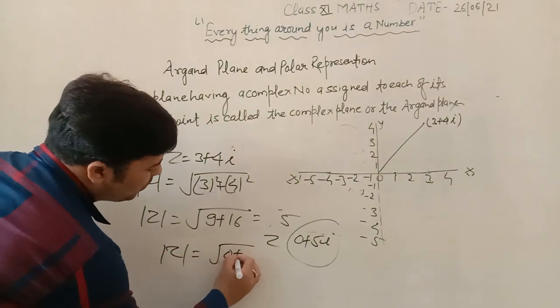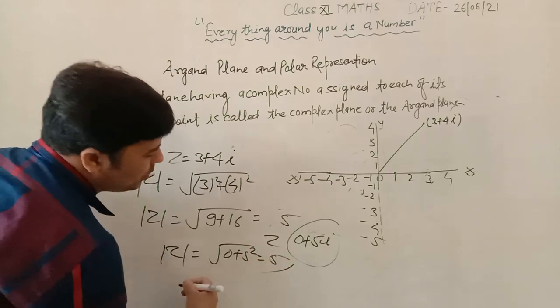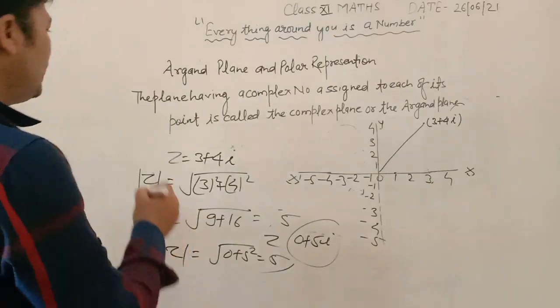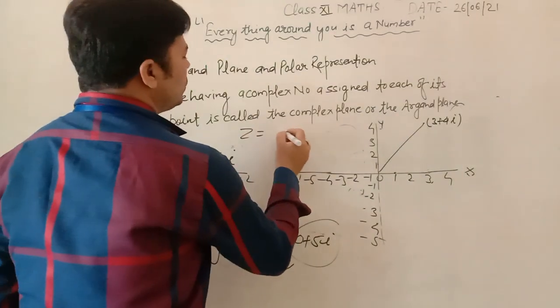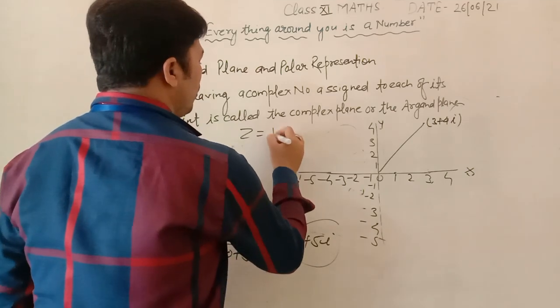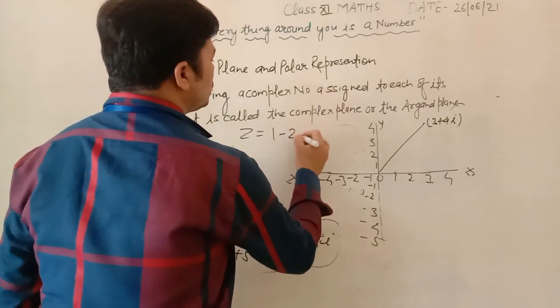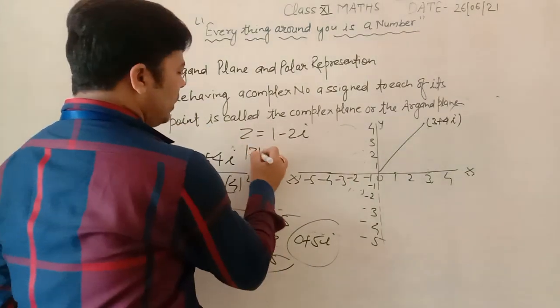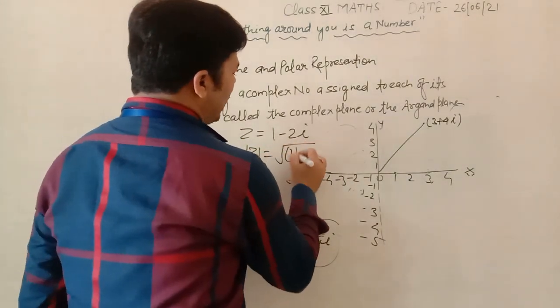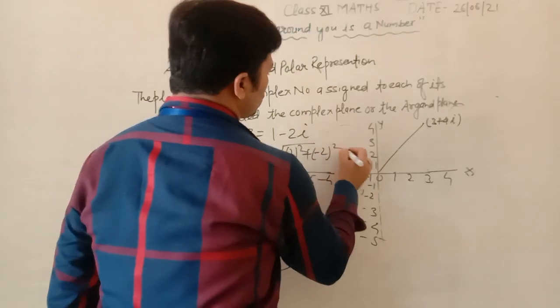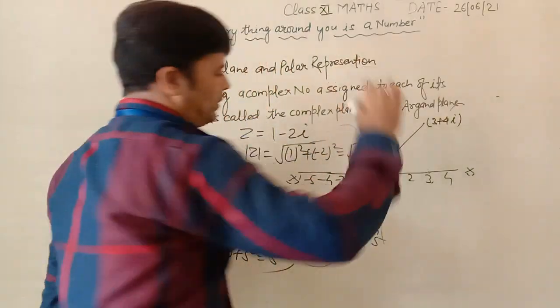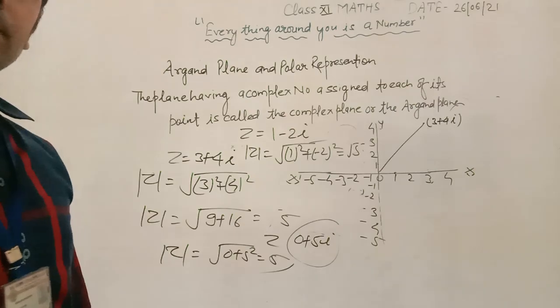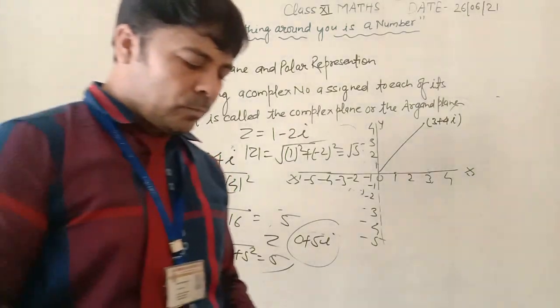This is root of 0 square plus 5 square, which means it is 5 units. Similarly, the distance of 1 minus 2i is root of 1 square plus minus 2 square, which is root 5.